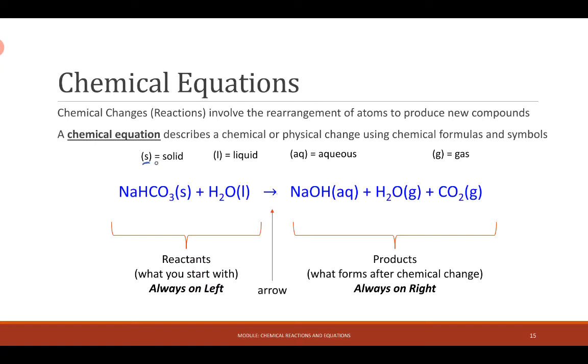We also have these phase symbols to help represent the state of matter that each of these substances is in. And so, for instance, if I put sodium hydrogen carbonate solid here into water, it could change into this. And so these phase symbols actually represent the phases that are present.